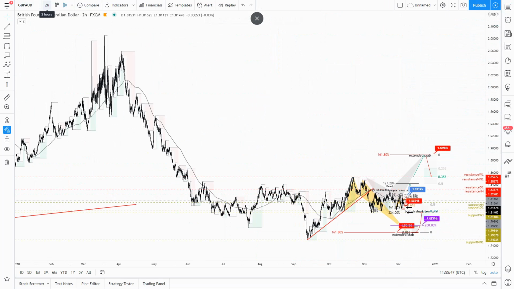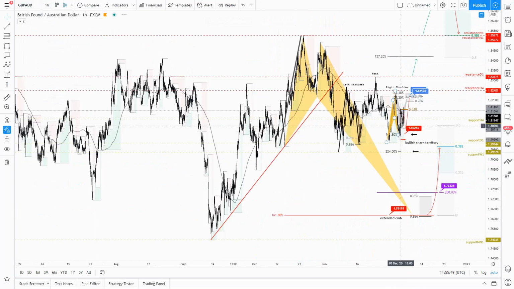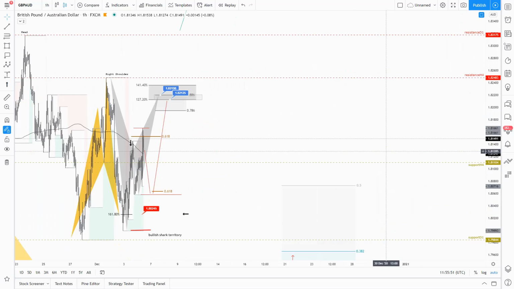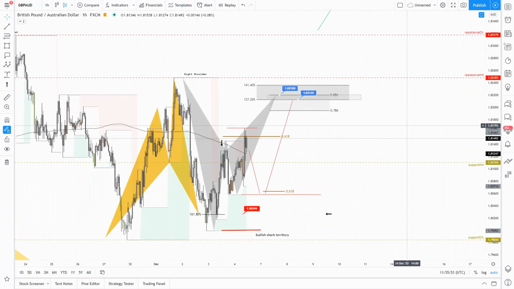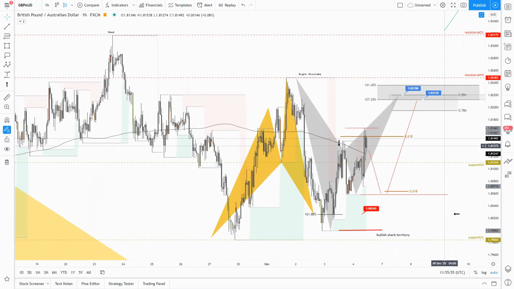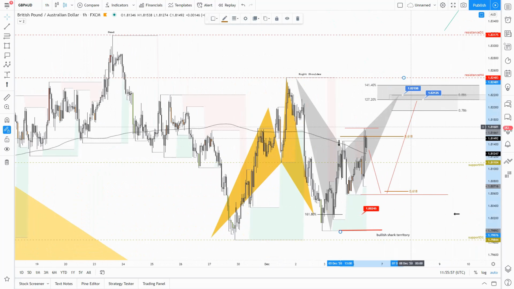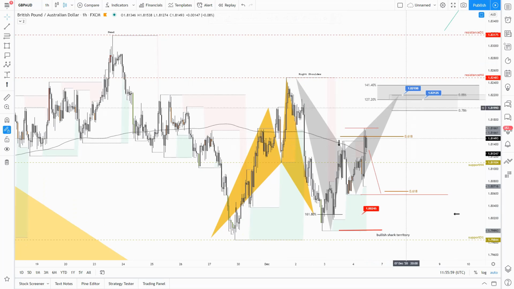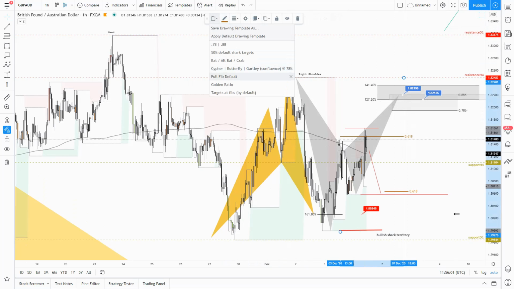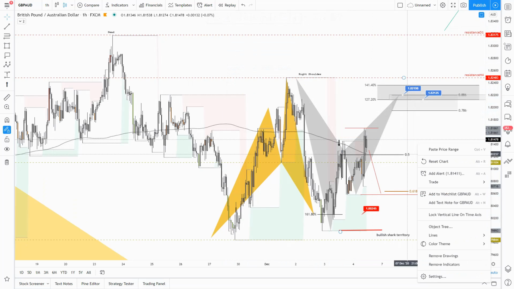Pound versus Australian dollar. Let's go into a lower time frame again. I shared this as a bearish 5-0 sequence yesterday, completed at 50% Fibonacci retracement level.